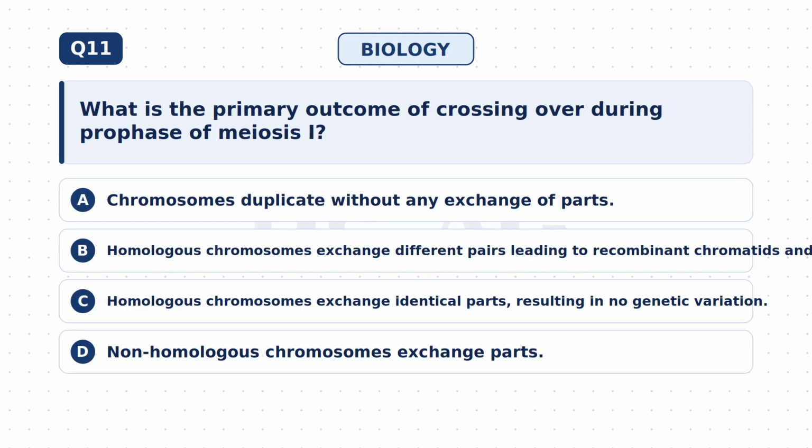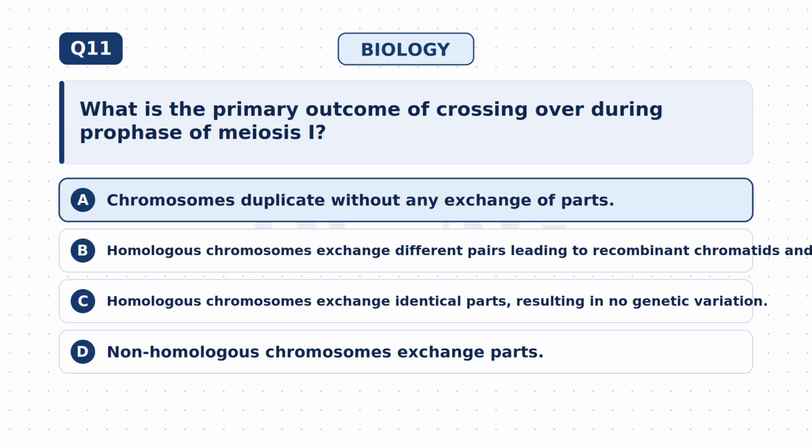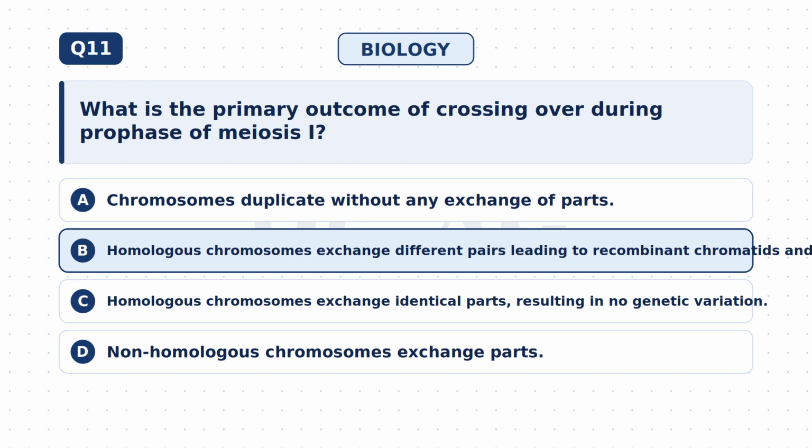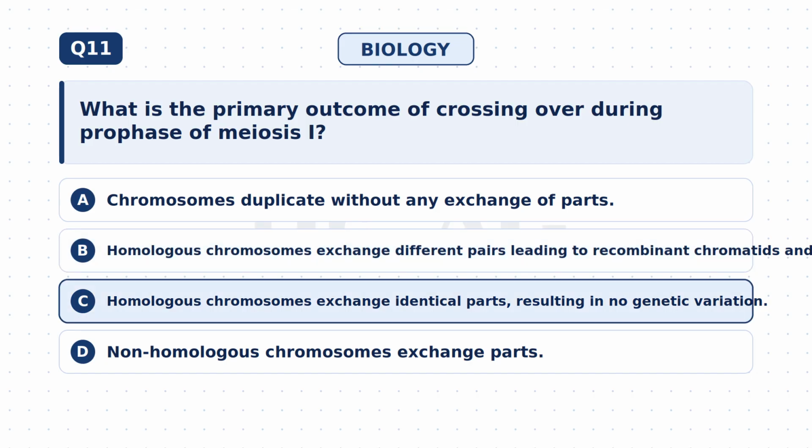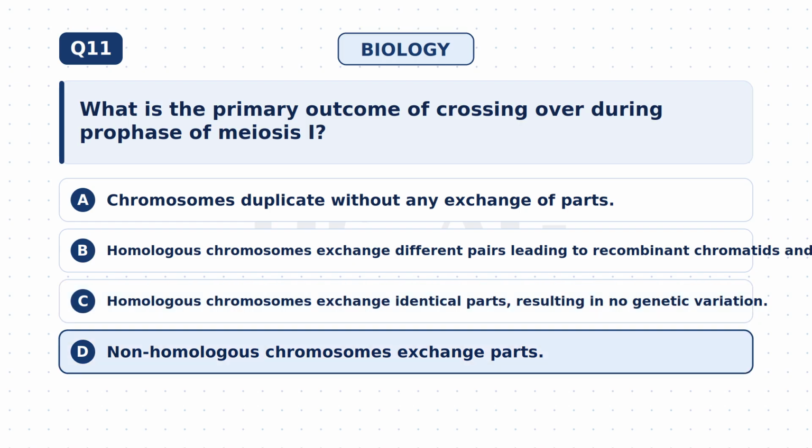Question 11. What is the primary outcome of crossing over during prophase of meiosis I? Option A. Chromosomes duplicate without any exchange of parts. Option B. Homologous chromosomes exchange different pairs leading to recombinant chromatids and increased genetic variation. Option C. Homologous chromosomes exchange identical parts, resulting in no genetic variation.